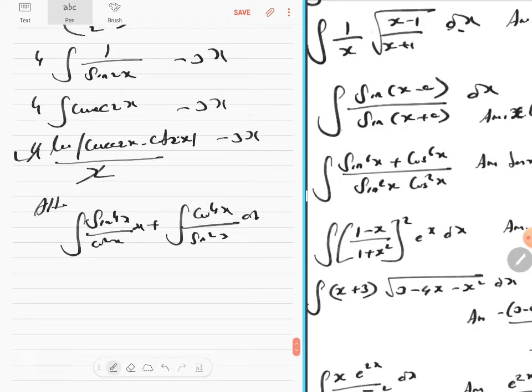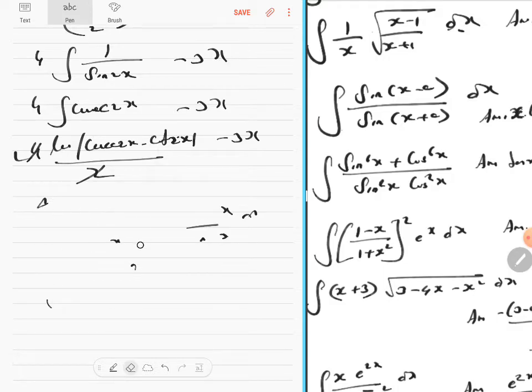And you can write sine to the power 4x as sine cube x into sine x. No, I don't think there's any point in doing that. Splitting it up doesn't help us much.